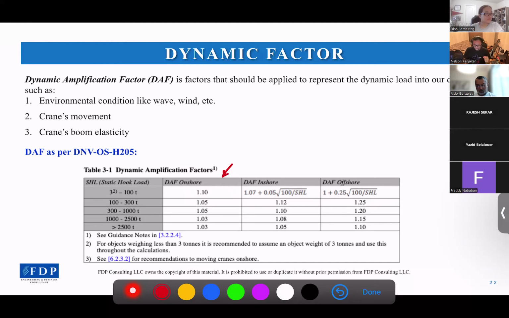For the lifting on the water, we have two options here. First is the dynamic factor inshore and second the dynamic factor offshore.